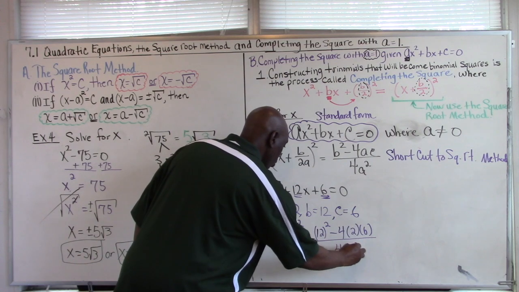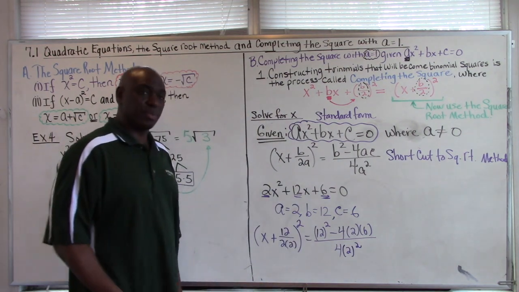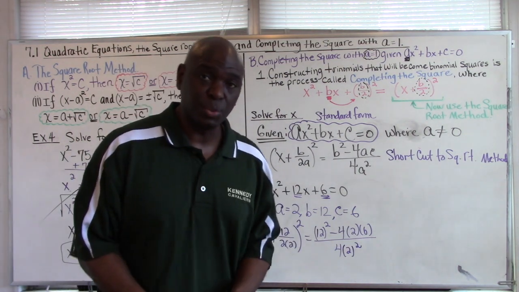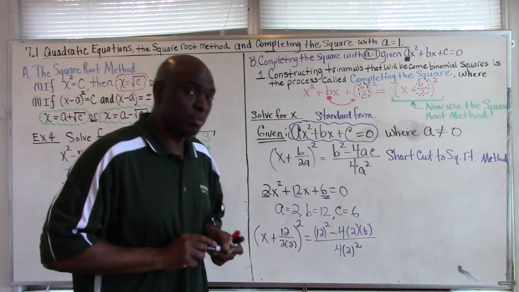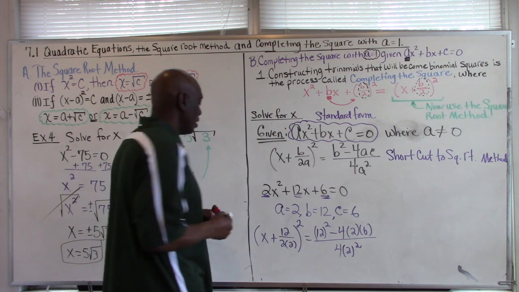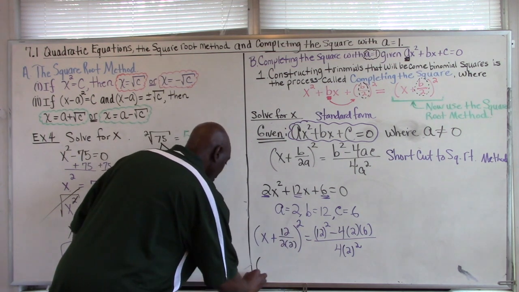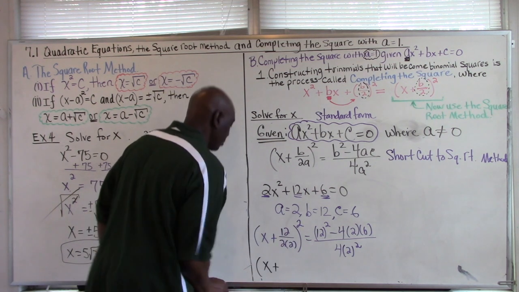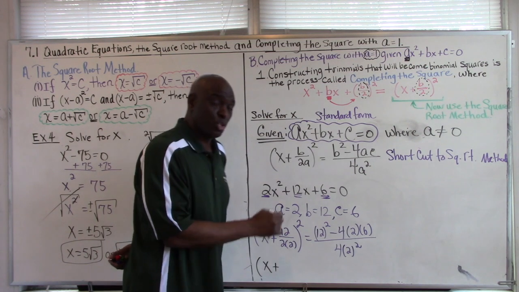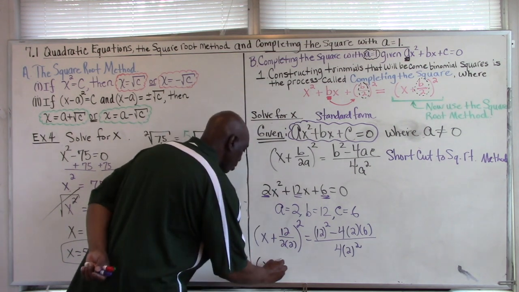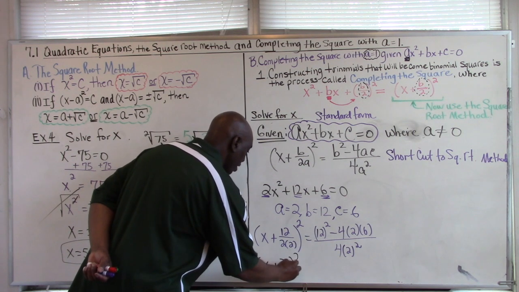Times 2 squared. Do the arithmetic, which is what gives students the most difficulty. That's where you mess up. If you're not careful, you'll mess up right there. Okay? Here we go. So we're going to have x plus 12 divided by 2 times 2, which is 4. 12 divided by 4 is 3. So we have x plus 3 quantity squared.